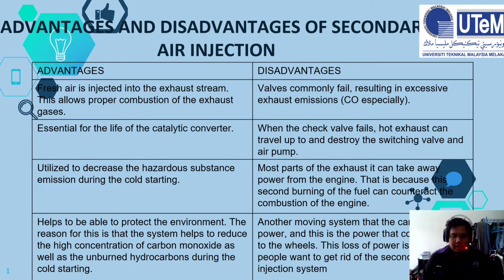This is because secondary burning of the fuel can counter the combustion of the engine. Lastly, this secondary injector is another moving system that draws power. That is why some people want to get rid of the secondary injection.